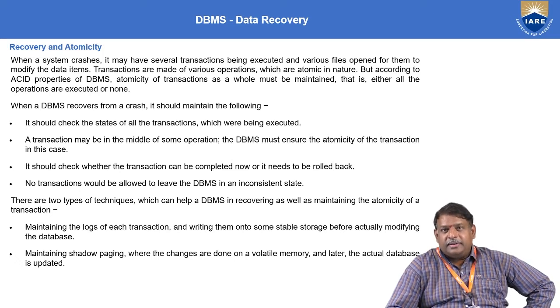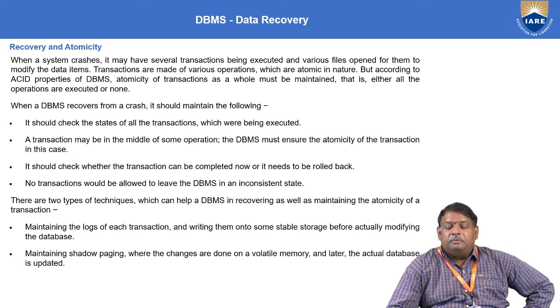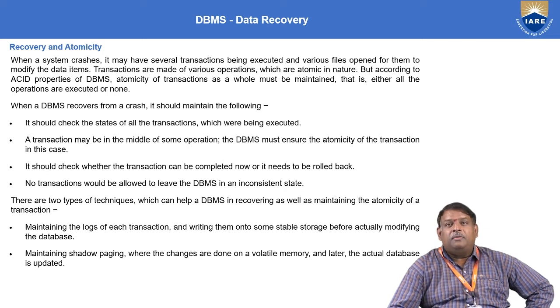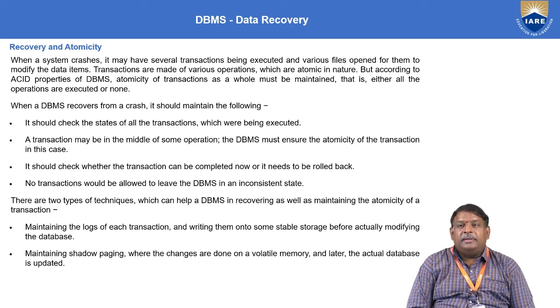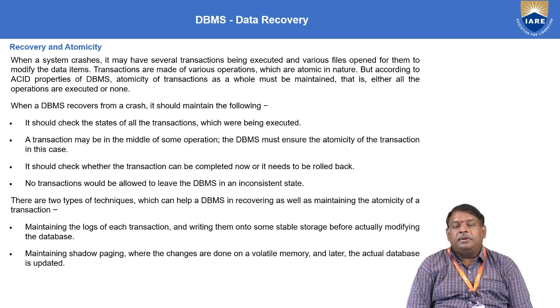Transactions are made of various operations which are atomic in nature. But according to the ACID properties of DBMS, the atomicity of a transaction as a whole must be maintained. That is, either all the operations are executed or everything is rolled back.